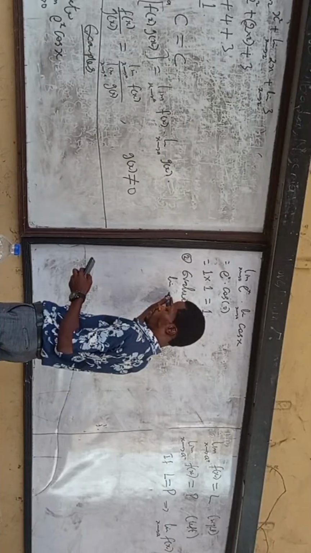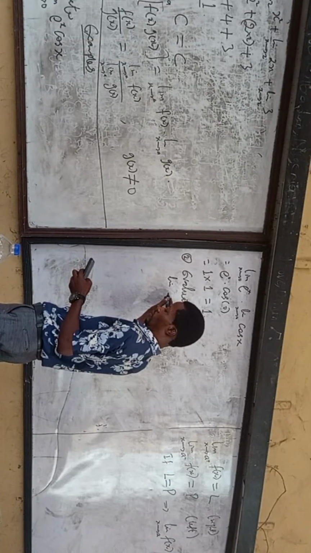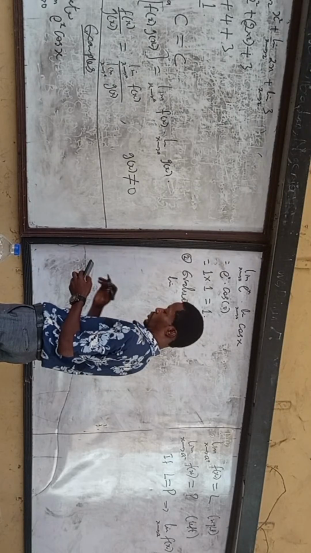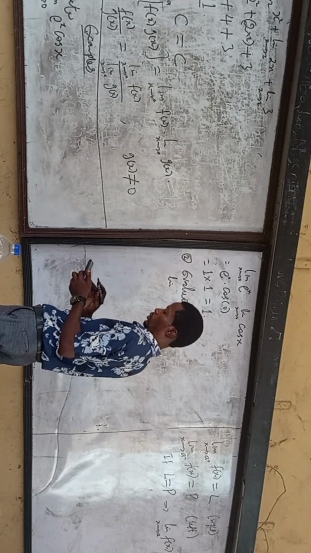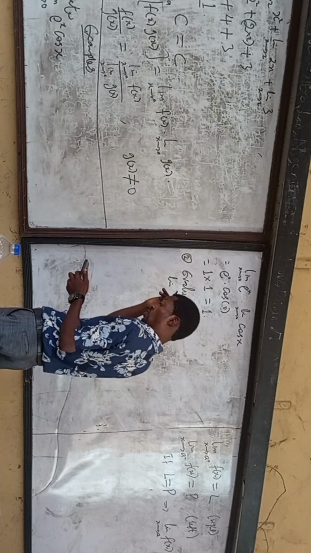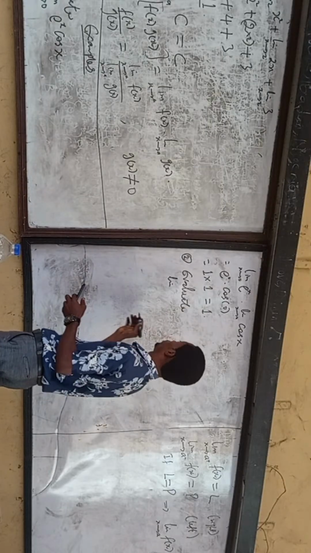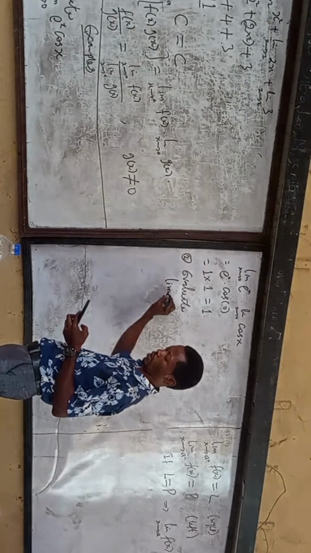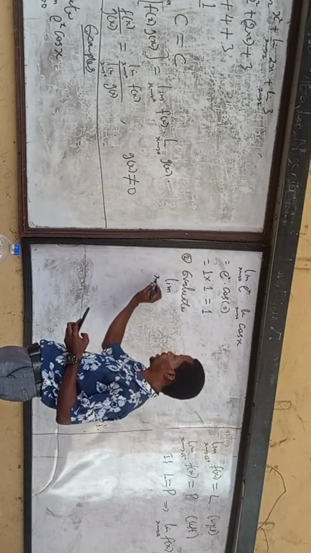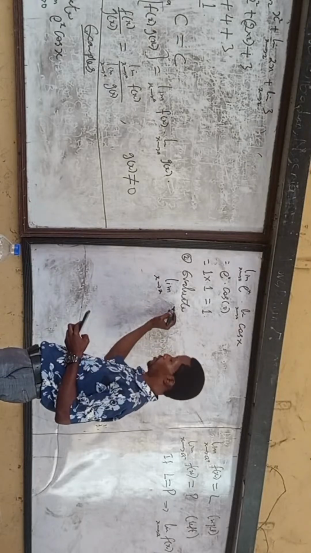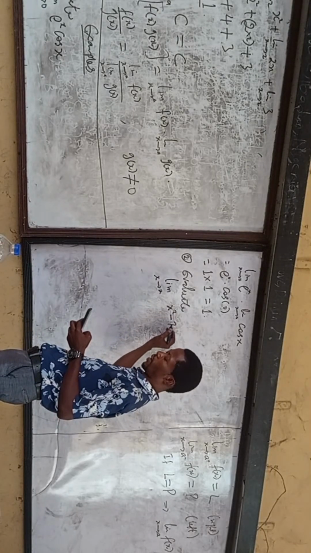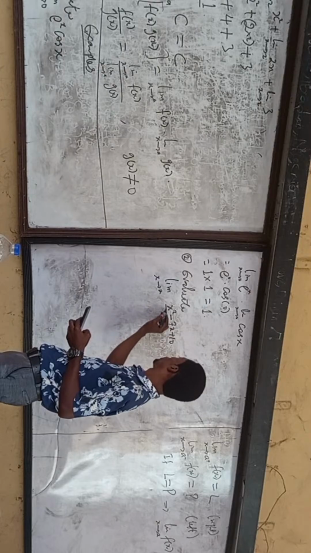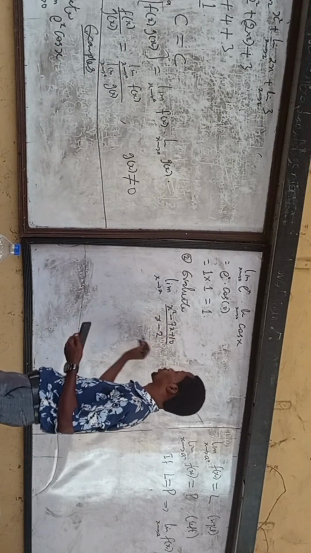Limit as x tends to 2 of x squared minus 7x plus 10 divided by x minus 2.